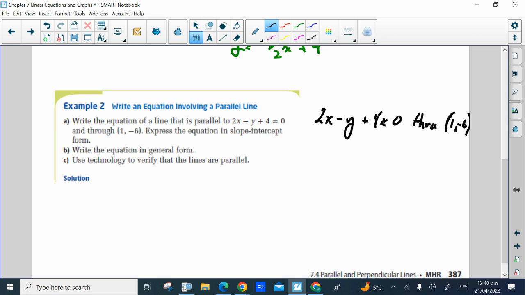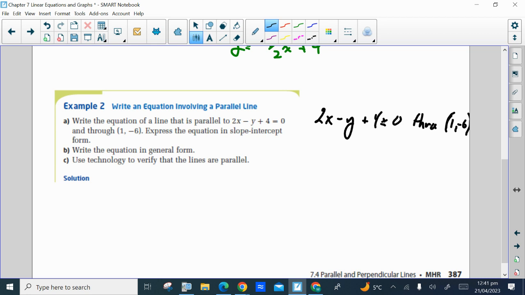So if it's parallel to 2x minus y plus 4 equals 0, that means it'll have the same slope as that line. Do we know what the slope of that line is? Why not?